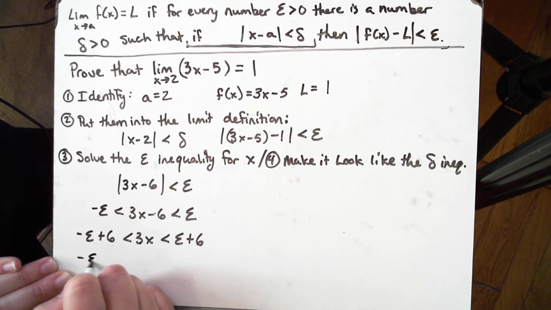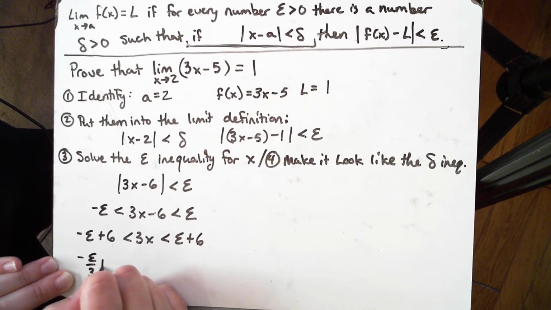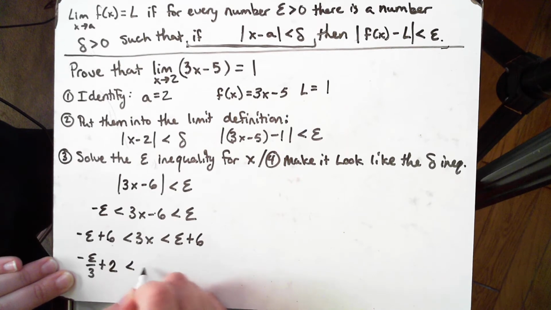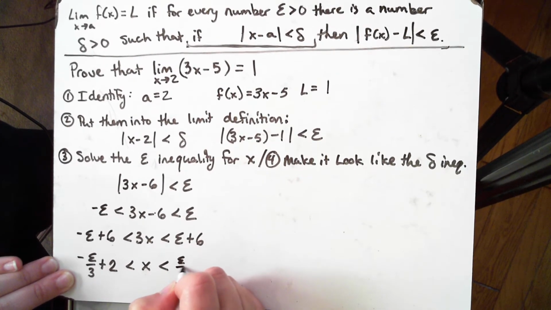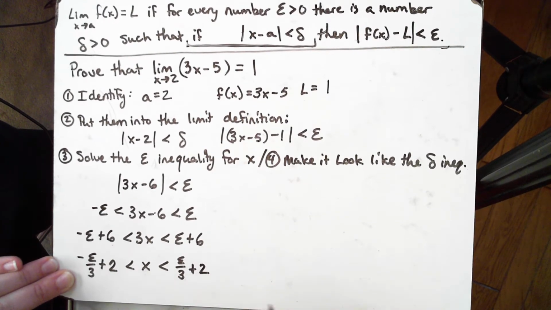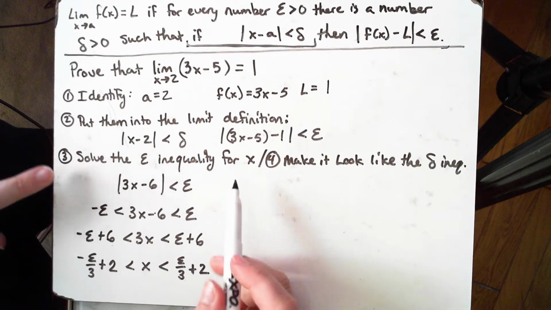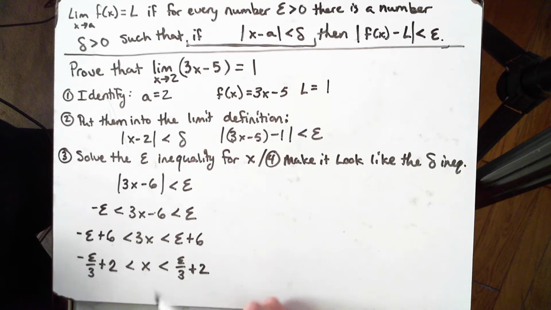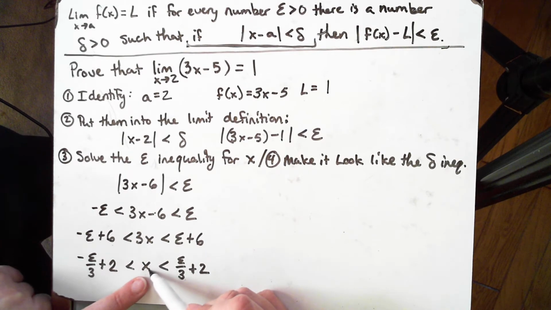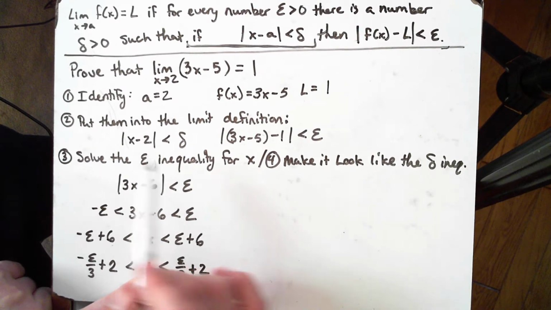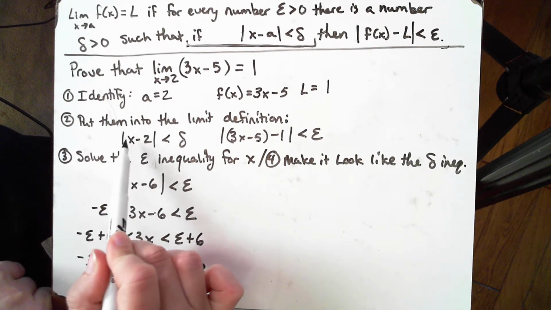So I have negative epsilon over 3 plus, now 6 divided by 3 is 2, is less than x, which is less than epsilon divided by 3 plus 6 divided by 3, which is 2. Okay, so that's step 3: make it look like x, so solve for x. Now I'm going to make it look like my delta inequality. So I just need to get this minus 2 in there.